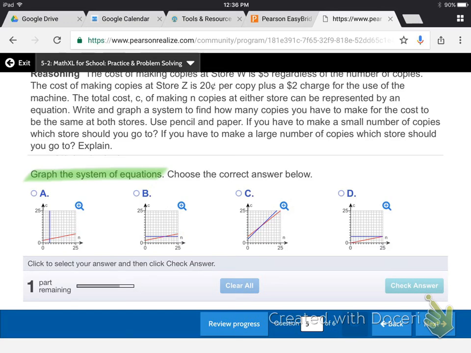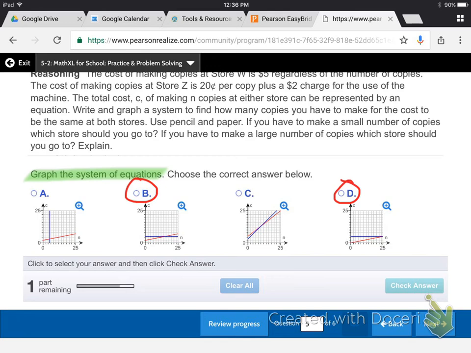Okay, so since one store charges a flat $5 fee, we are definitely looking for a flat line at y equals 5. And so it looks like either B or D qualify, because that blue line is right there at 5.